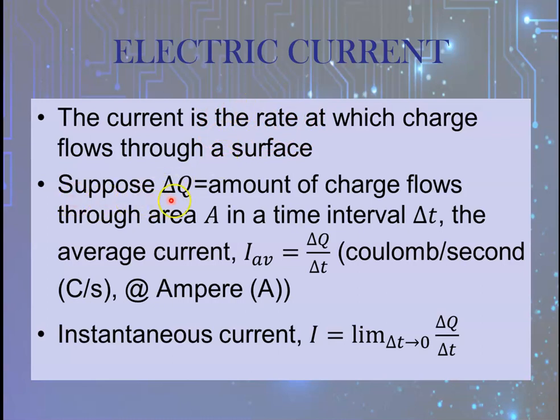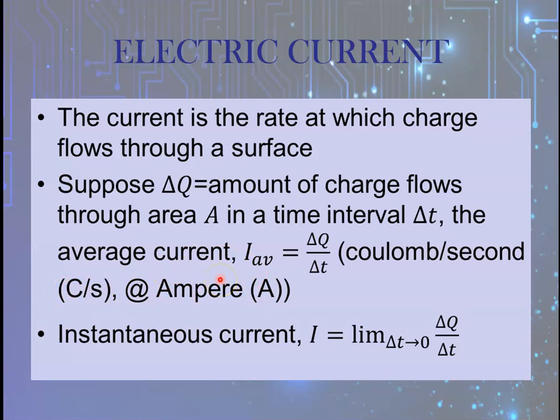So suppose delta Q is the amount of charge flowing through an area, which we symbolize as A, in a time interval delta T. So the average current, which we symbolize as I_av, where av stands for average, is equal to delta Q divided by delta T. The SI unit for Q is coulomb, and the SI unit for time is second, so the SI unit for average current is coulomb per second, also known as ampere, right?